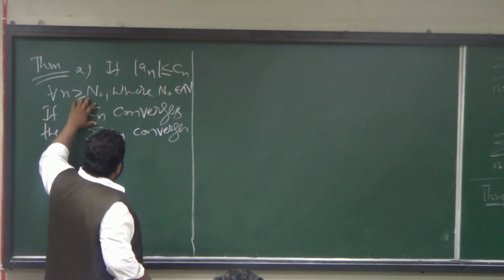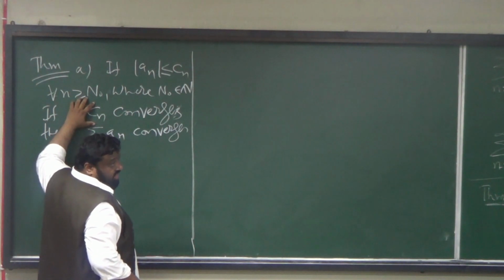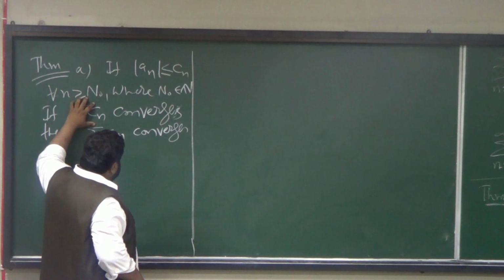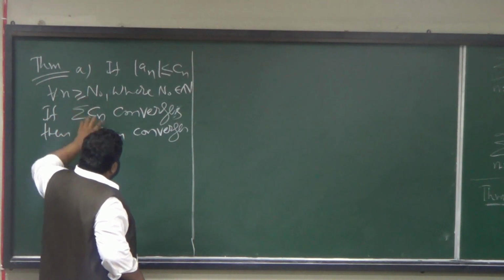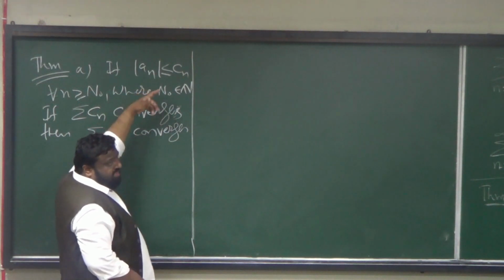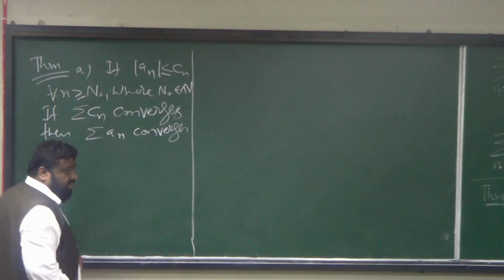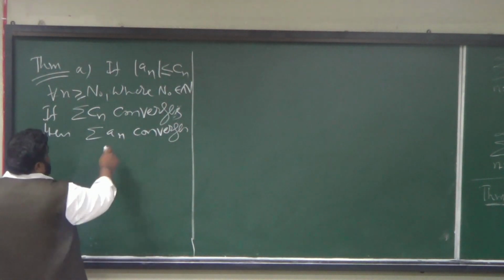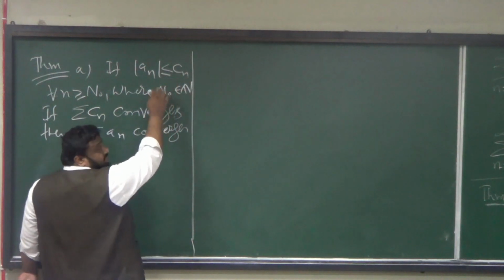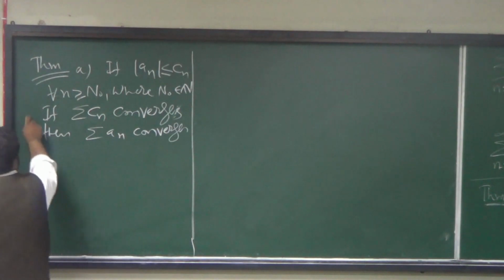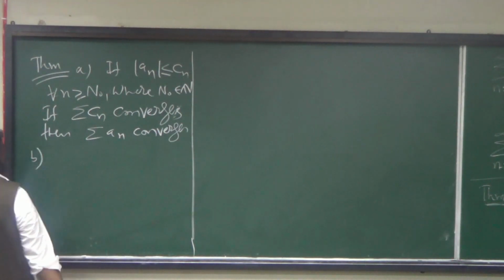If the series corresponding to the dominating sequence is converging, then the series corresponding to the sequence An, which is dominated by Cn, also converges. Roughly, if the big series is converging, the small one is also converging. That's the first part.